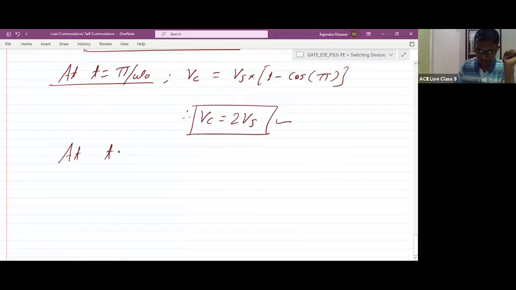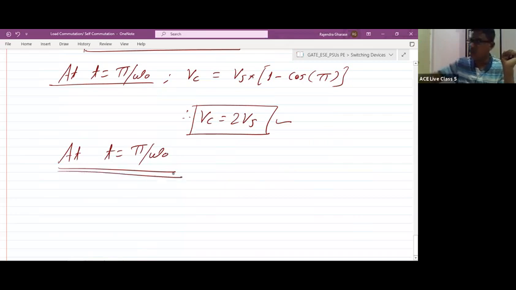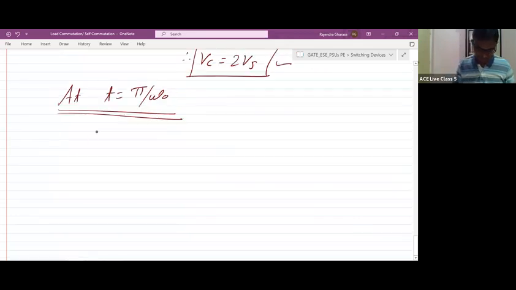Yes, we can draw the circuit. The supply voltage is DC, it is not AC.